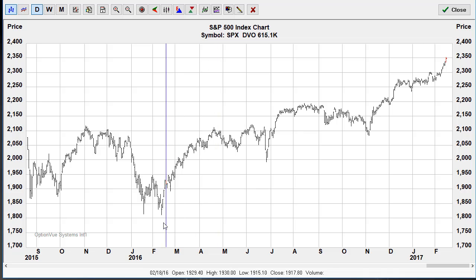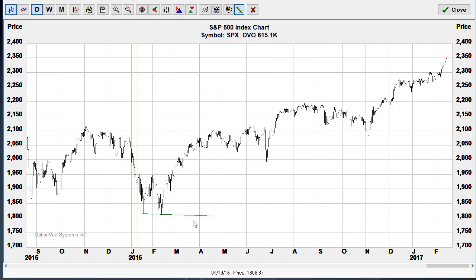This is an obvious swing point right here. We can say that this level down here is an obvious swing point. This level down here is an obvious swing point. This level down here is an obvious swing point.